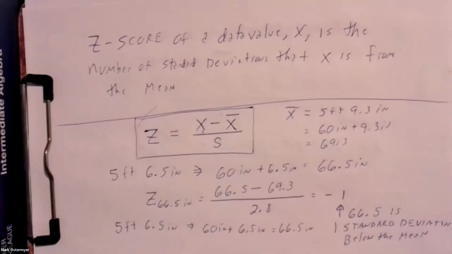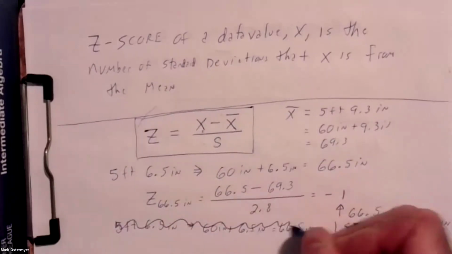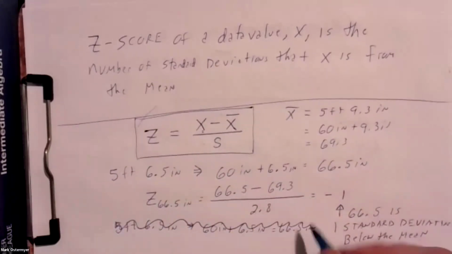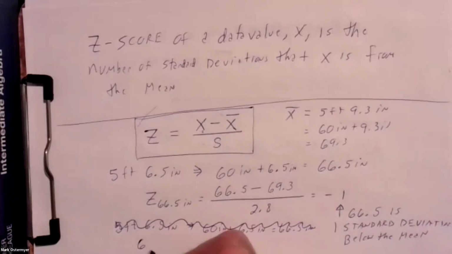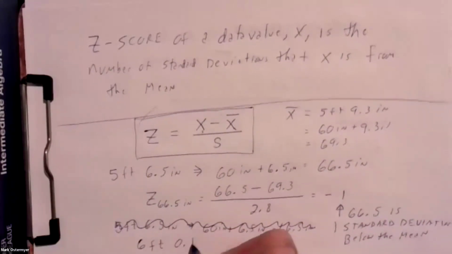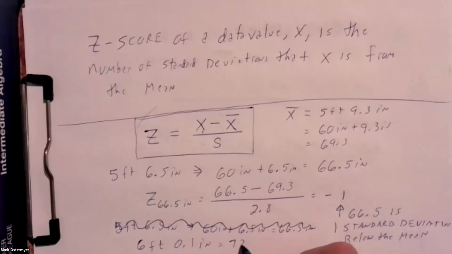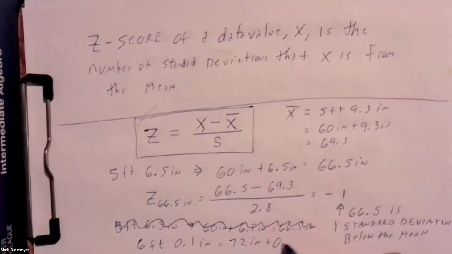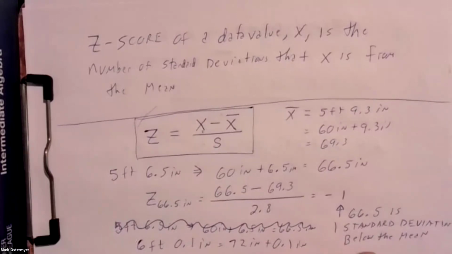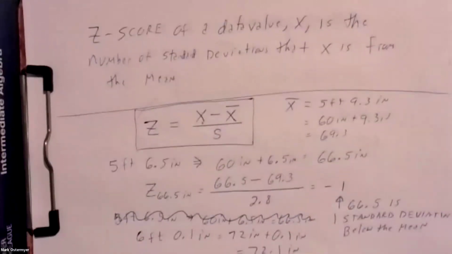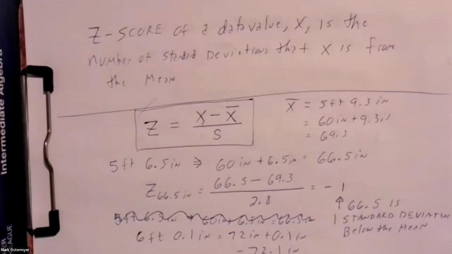Wait a minute here, I already did this one. The other height is 6 feet, 0.1 inches. Now 6 feet is 6 times 12 or 72 inches. Plus 1/10 of an inch is going to give us 72.1 inches. Let's find the z-score for 72.1 inches.